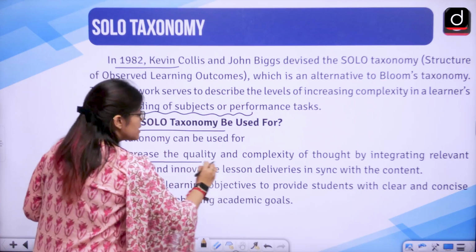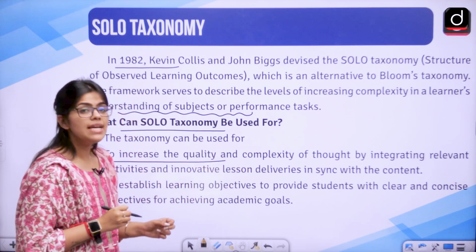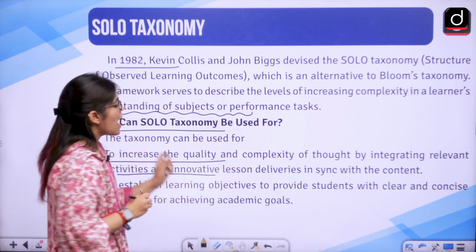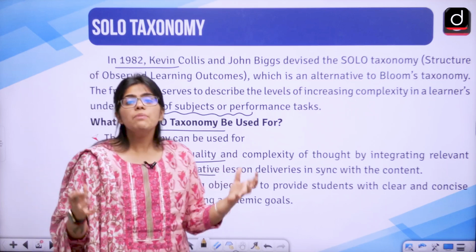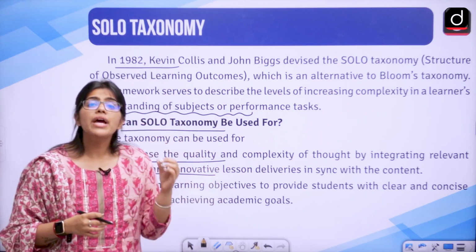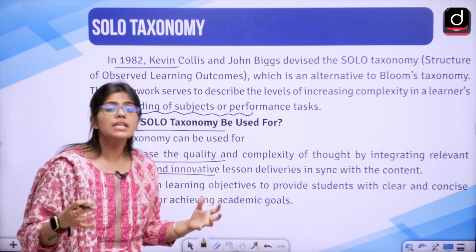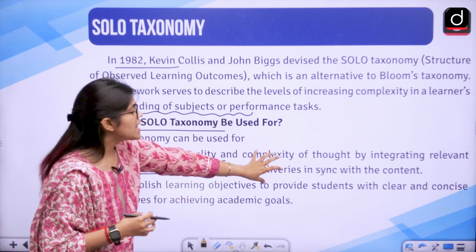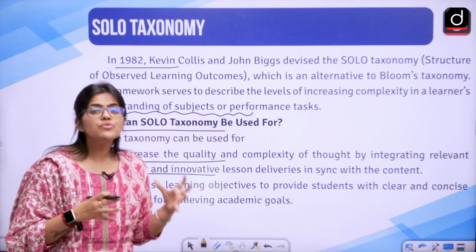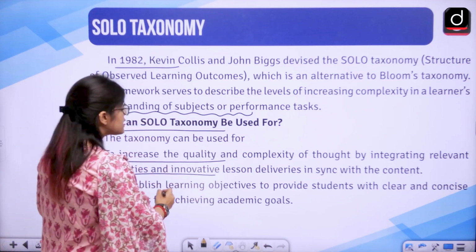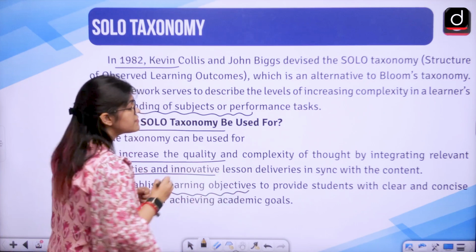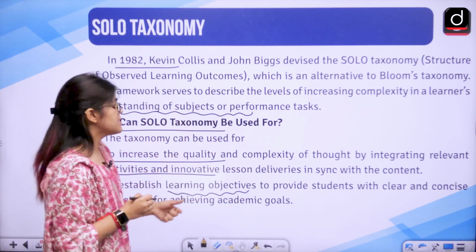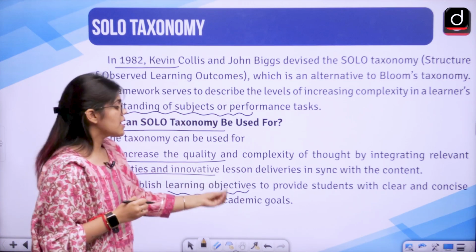To increase the quality and complexity of thought by integrating more relevant activities and innovation, which can help the child learn more. So you can use this taxonomy to increase knowledge; the quality and complexity of the knowledge related to the topic would increase. To establish learning objectives, to provide the students with clear and concise directives for achieving academic goals.